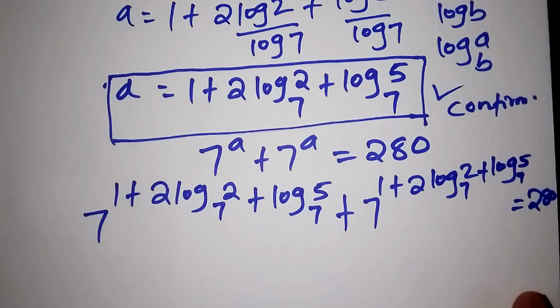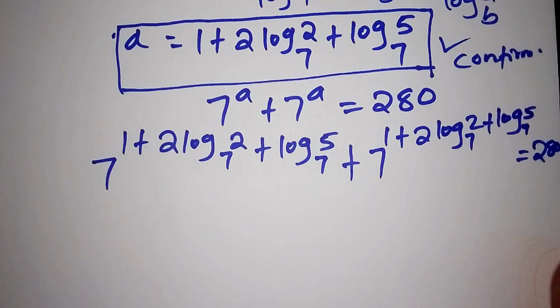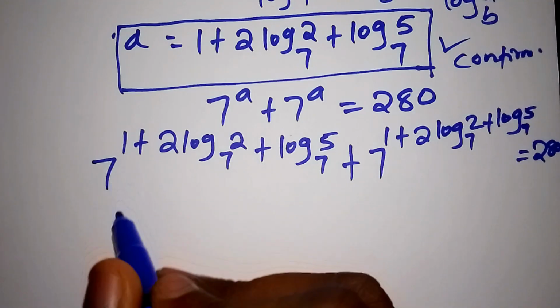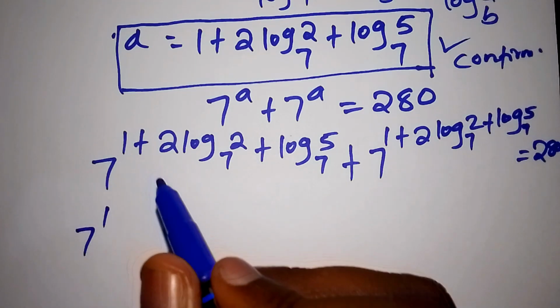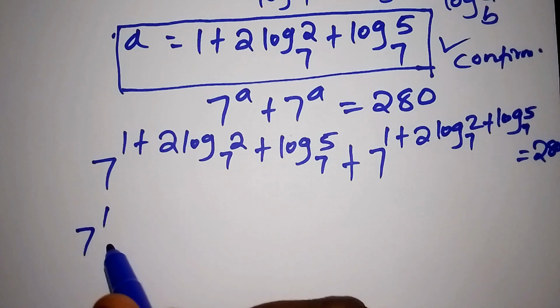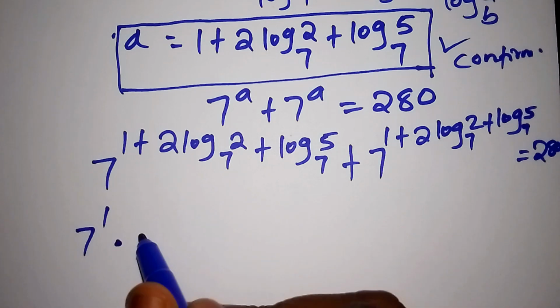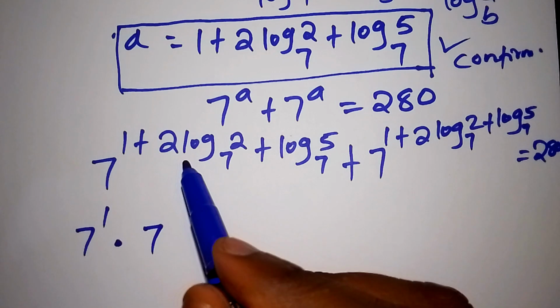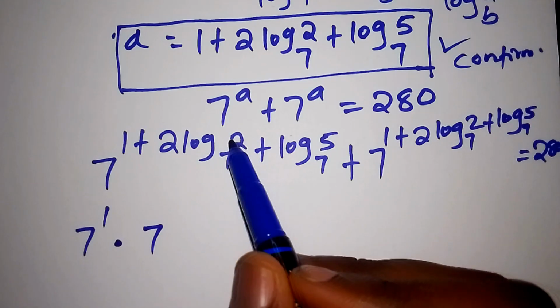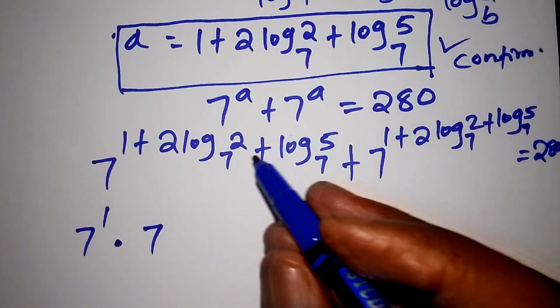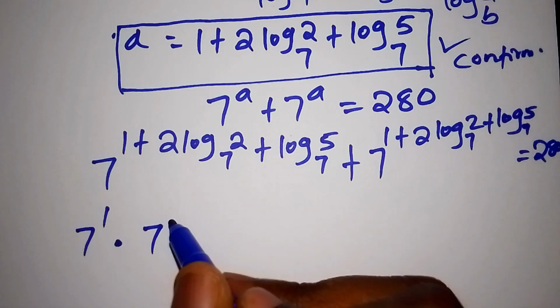Next, we can write it again as 7 to the power of 1, then the plus means we multiply again by 7 to the power of, so instead of 2 log 2 to the base of 7, we put 2 to the power of 2, that is log 4 to the base of 7.